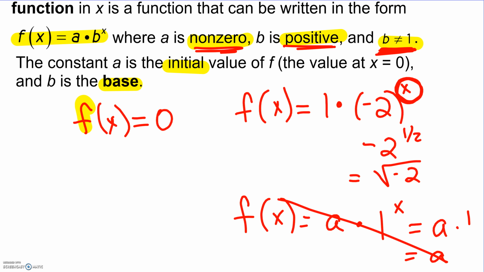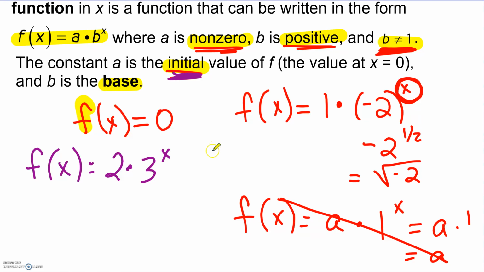This constant a is called the initial value. And the reason why that's the initial value is because if you think about it, let's just say I have f of x equals 2 times 3 to the x. The initial value is what you would get initially for the function.